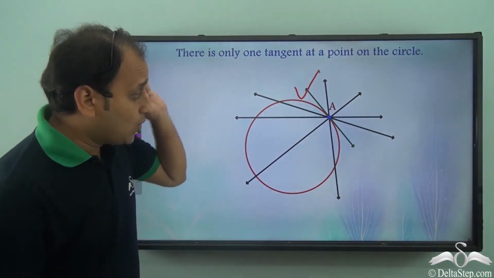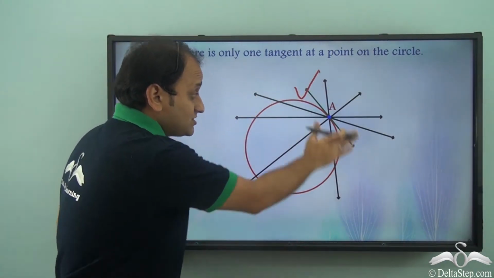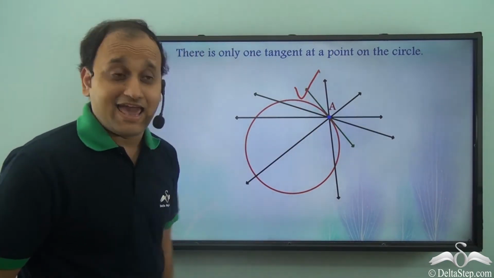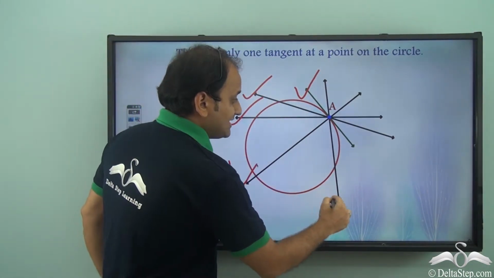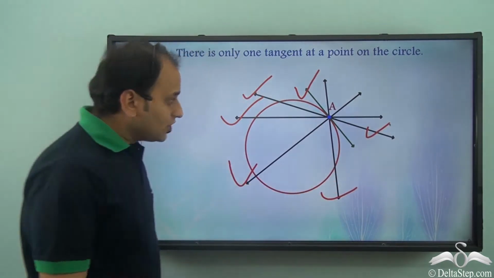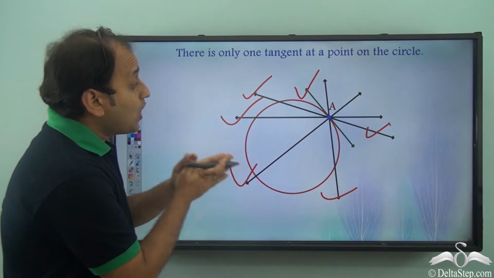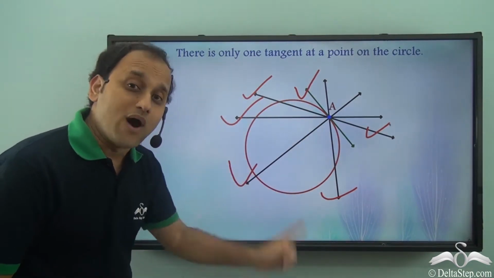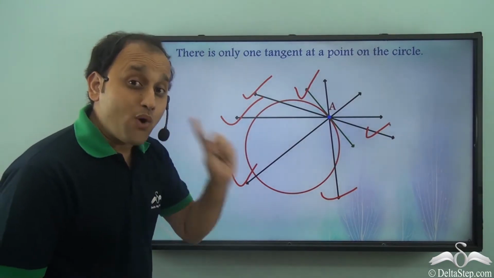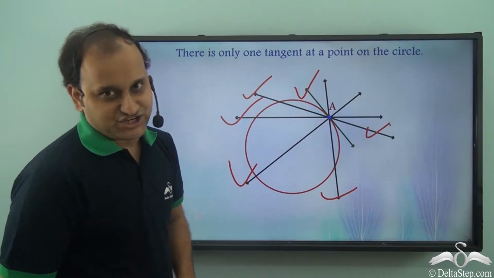This is the only line which can be called tangent to this circle at point A. All the other lines are secants in this case. So this is the unique thing about a tangent. It will always touch the circle at just one point, and through one point on the circle there can be only one tangent.